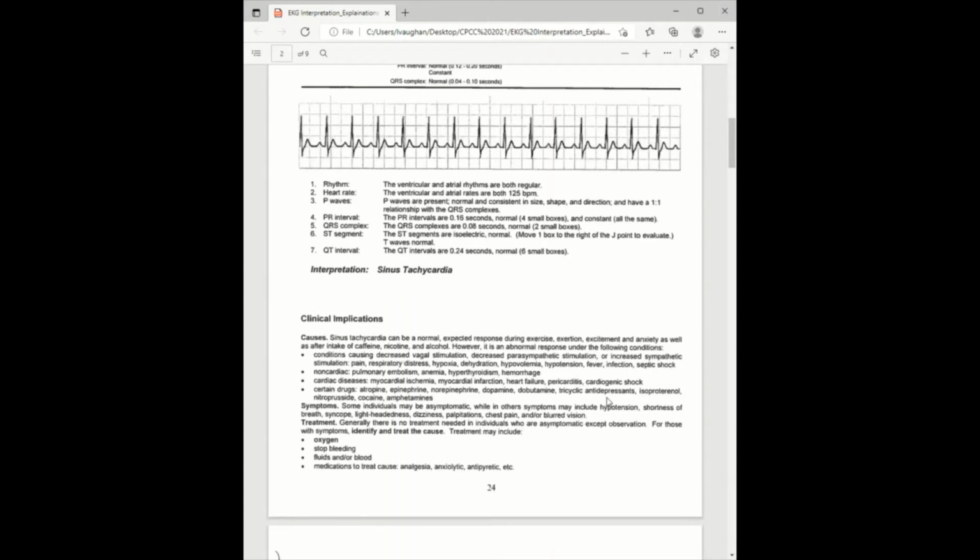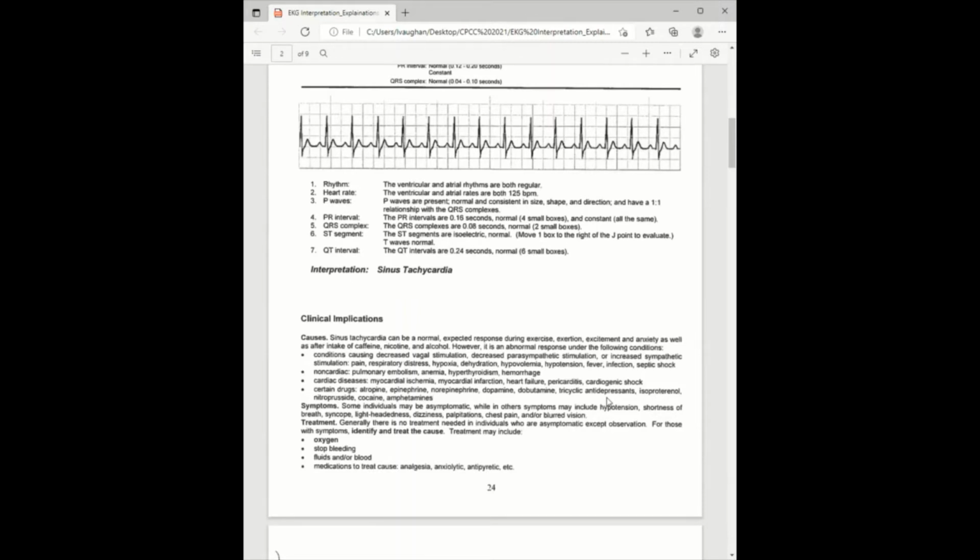If we have something that's not like exercise or exertion causing the elevated heart rate or the sinus tachycardia, we do want to treat it. If the person's having anxiety, we'll give them an anxiolytic. If this sinus tachycardia is occurring because that person has an infection and has a fever, we're going to give antipyretics as ordered, and we're going to give our antibiotics as ordered.